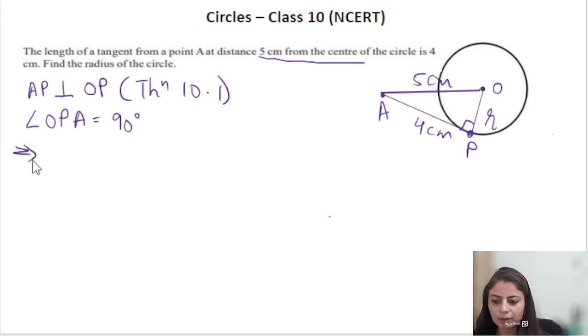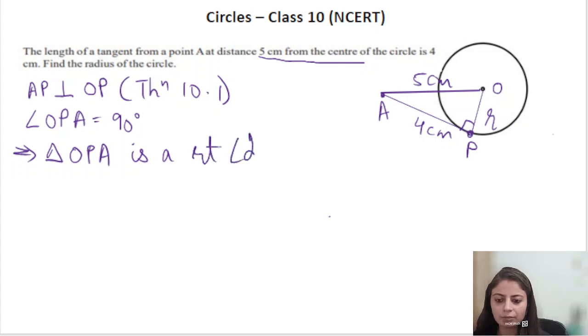So this implies triangle OPA is a right angle triangle. Right? So we can use Pythagoras theorem in this triangle.